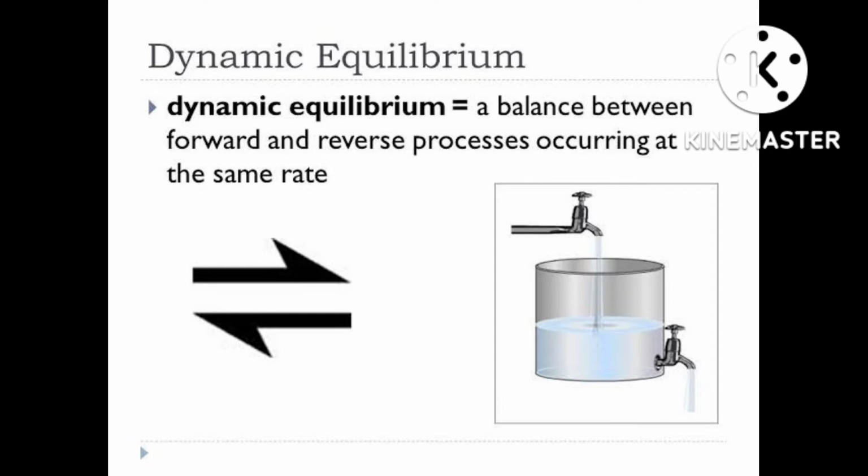Reactant going to product is the forward reaction, and product to reactant is the reverse reaction, also called the backward reaction. Then the rate of forward reaction and the rate of backward reaction become equal. This is the characteristic of dynamic equilibrium.